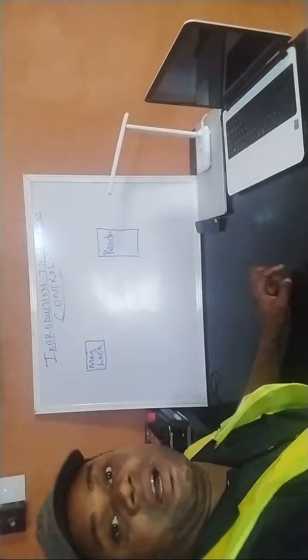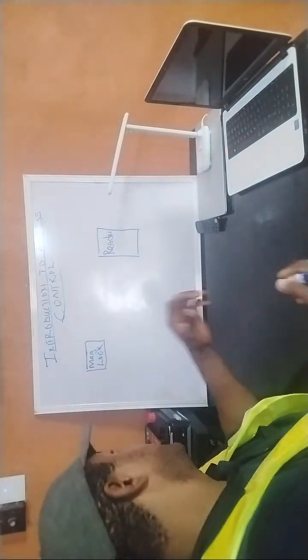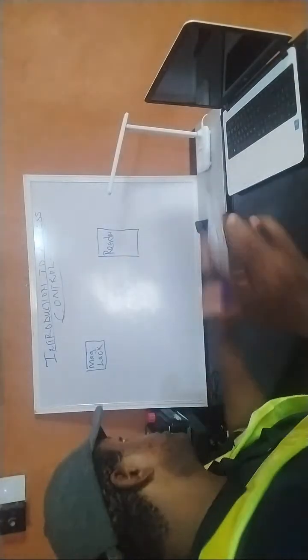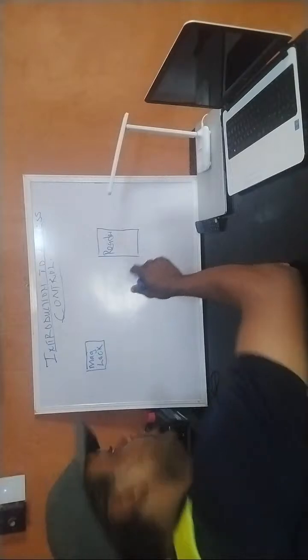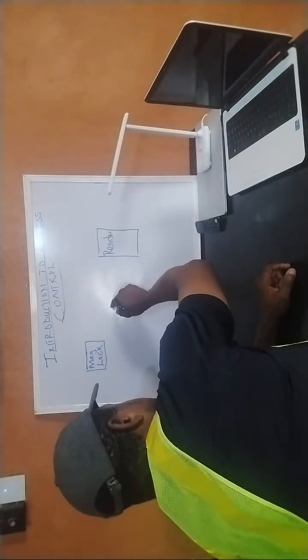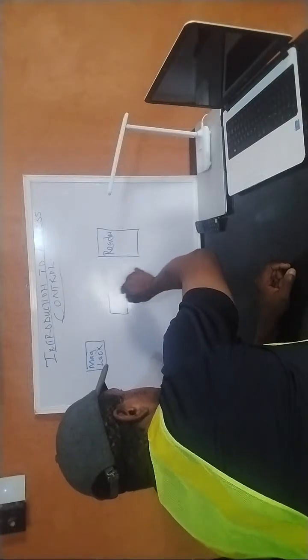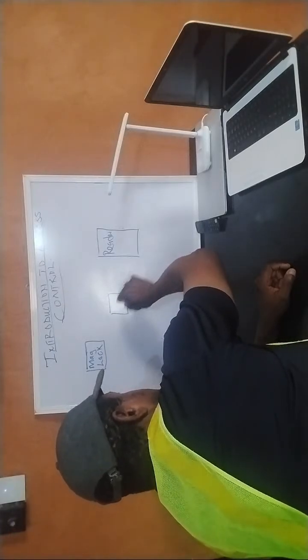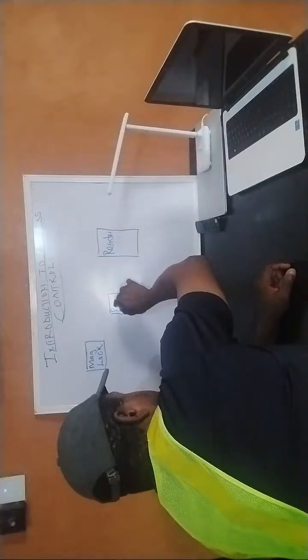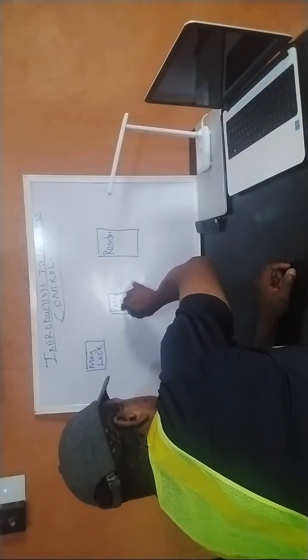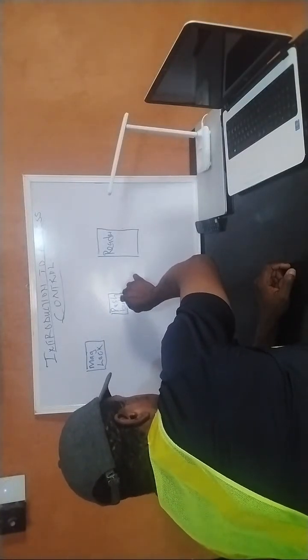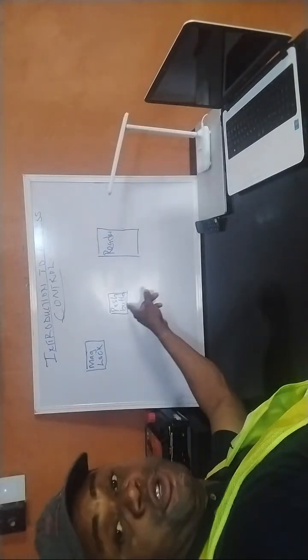This is our reader. Okay, we need our push button. I want our push button to be inside. This is outside. Push button. This is our push button.